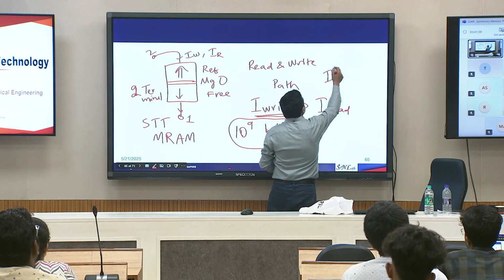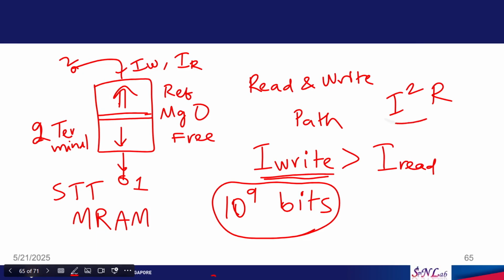If the device has a resistance R and this is your write current, there is some Joule heating produced. So, when there is some heating, there will be some diffusion of atoms. Okay. So, maybe some atoms of magnesium will go, or sometimes the oxygen atoms may go somewhere. So, when you do repeated writing operations, this tunnel barrier, the magnesium oxide, may break down.